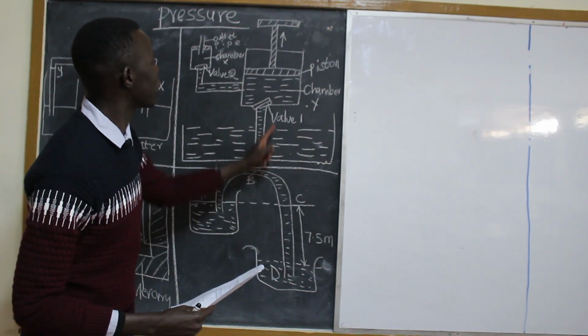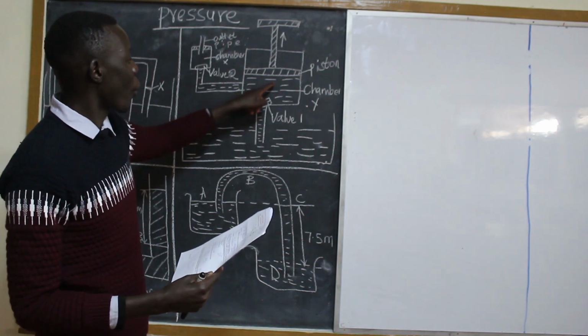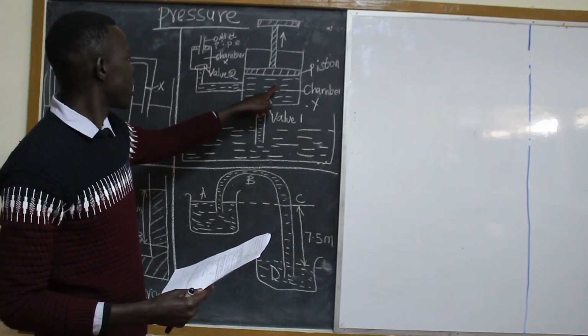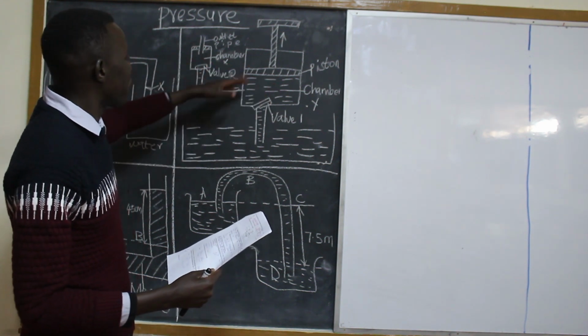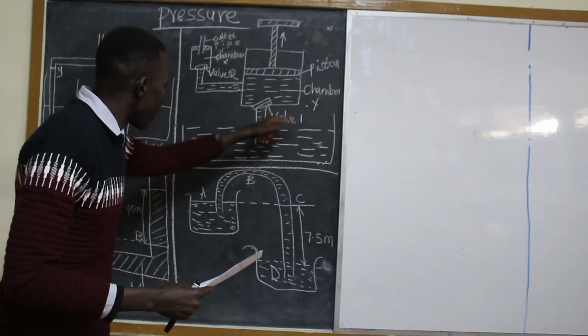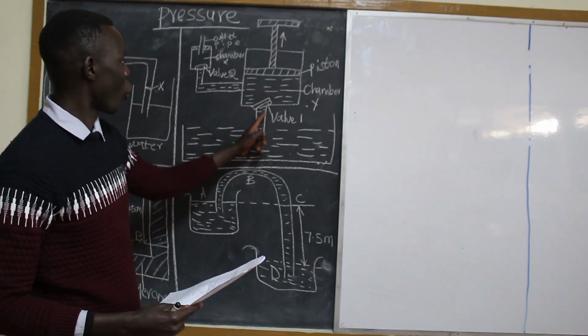And when water gets into this chamber, it's called chamber Y. Because less pressure has been created here, water from outside, from the well, gets in and opens it.